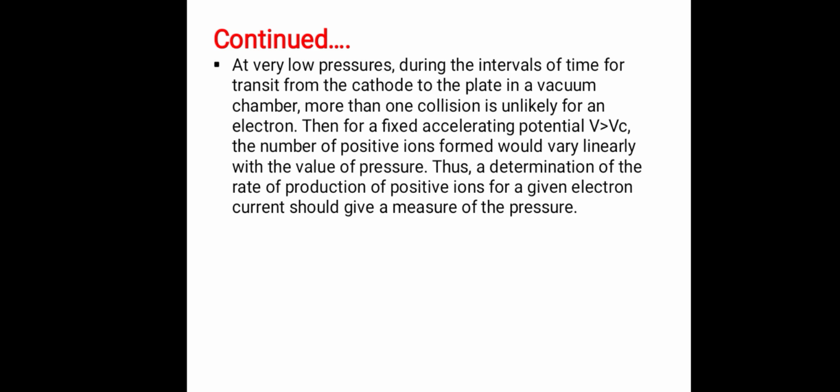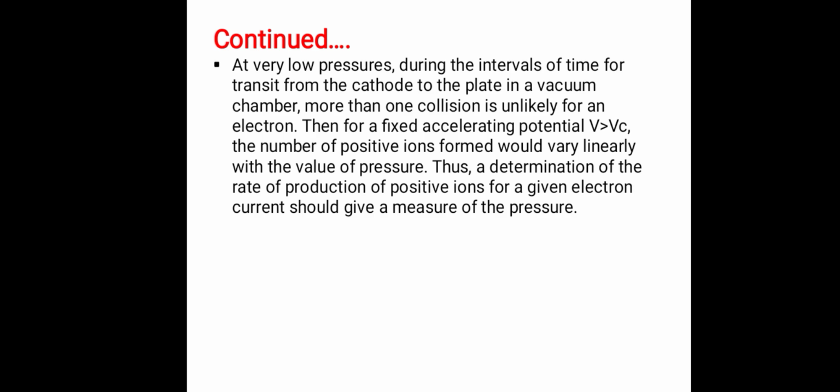See here, at very low pressure, during the interval of time for transit from the cathode to plate in a vacuum chamber, more than one collision is unlikely for an electron. Then for a fixed accelerating potential V greater than Vc, the number of positive ions formed would vary linearly with the value of pressure.